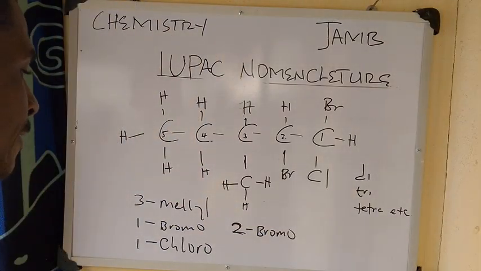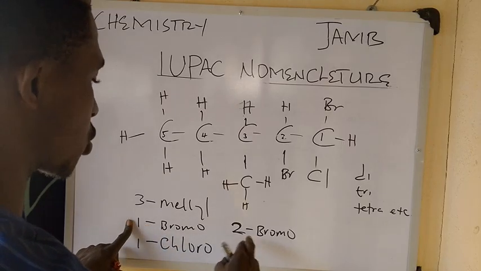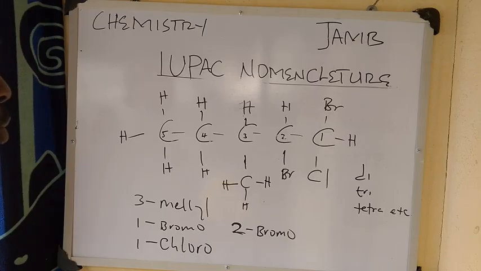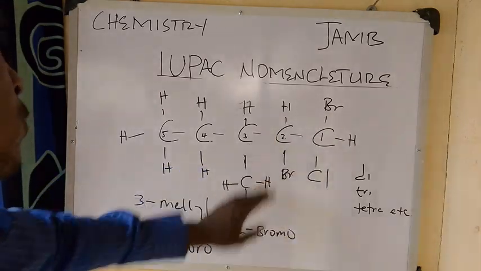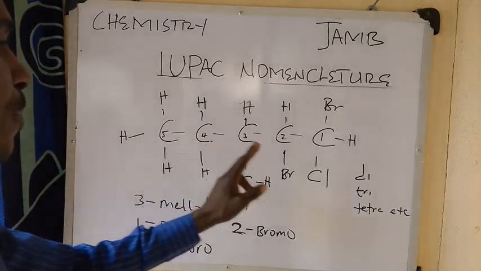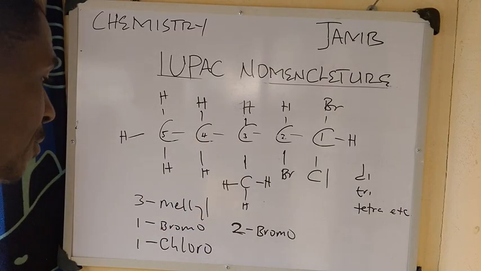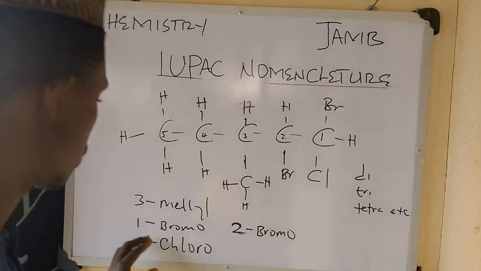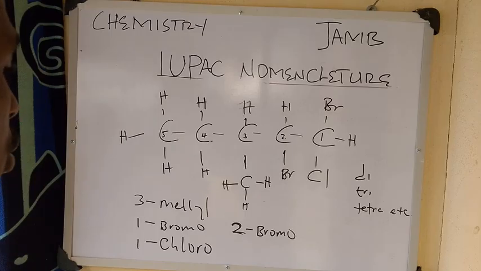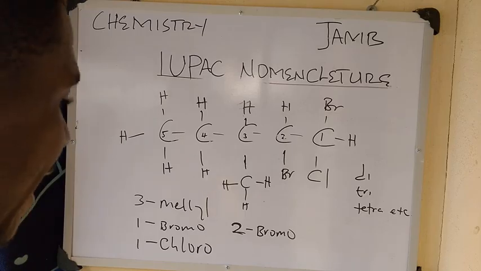Can you see that we have 2 similar substituents, 1-bromo and 2-bromo? So, I cannot name this compound 1-bromo, 2-bromo, 1-chloro, 3-methyl pentane. If you name it like that, it is wrong.